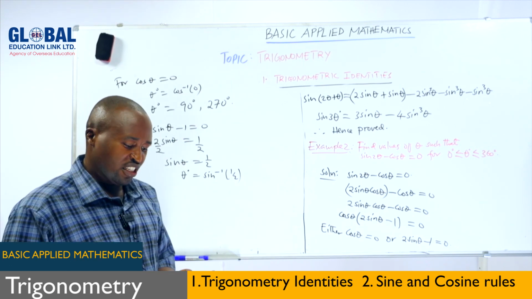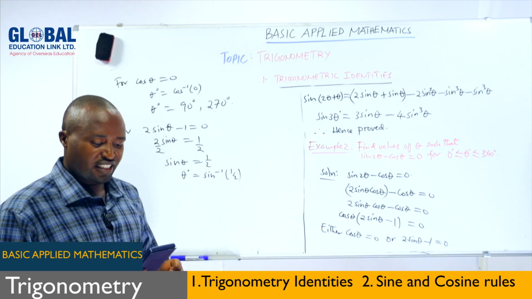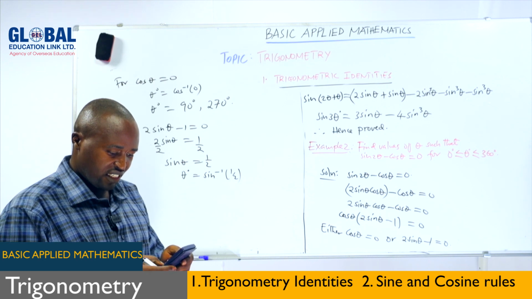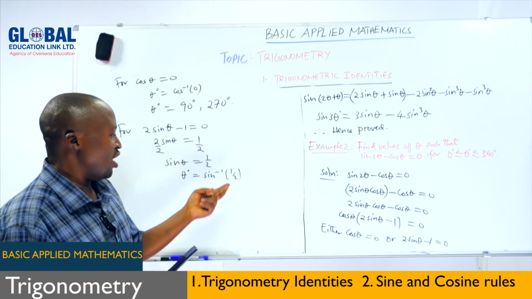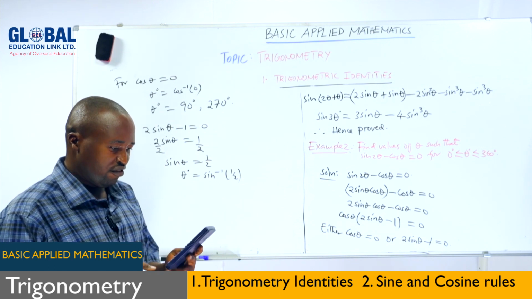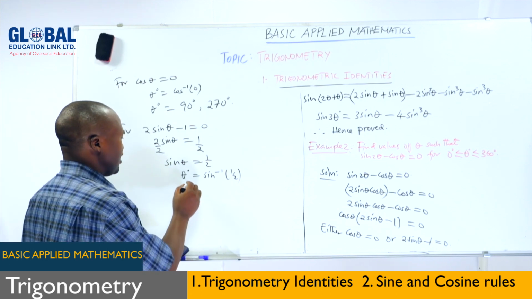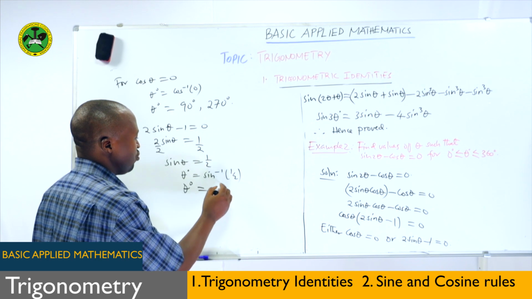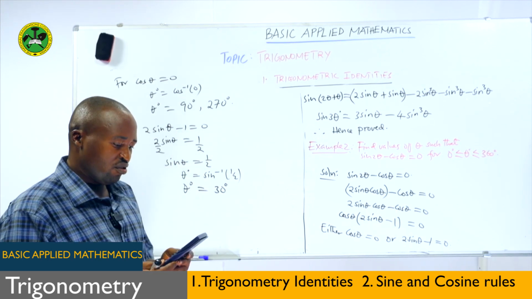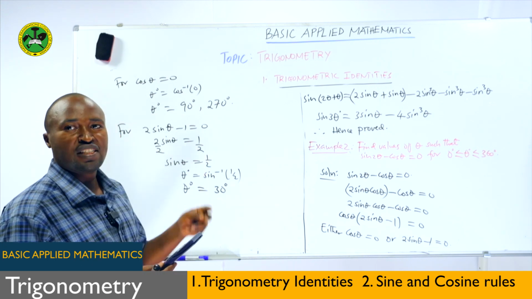So again, my dear student, you just use your scientific calculator to find the angle theta. Sine inverse of a half, that is 0.5, is equal to 30. That is theta is equal to 30. But there is another angle for sine which gives the same answer, that is your half.